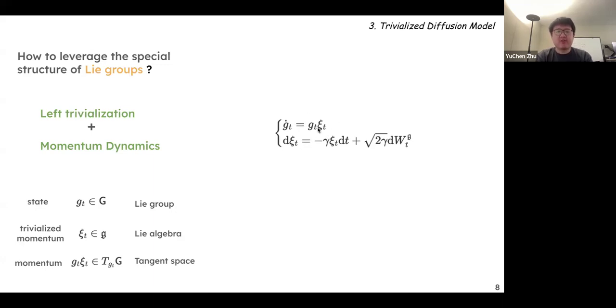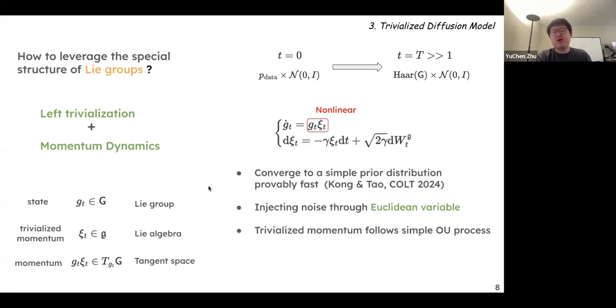The reason we can express the velocity in this way is because we exactly leverage the decomposition we said before, that the tangent space can be written as decomposing into some element, your current position, and some element in the Lie algebra. And for the ξ dynamics, because it's Euclidean, we're just adding usual Gaussian noise to it, following a simple OU process.